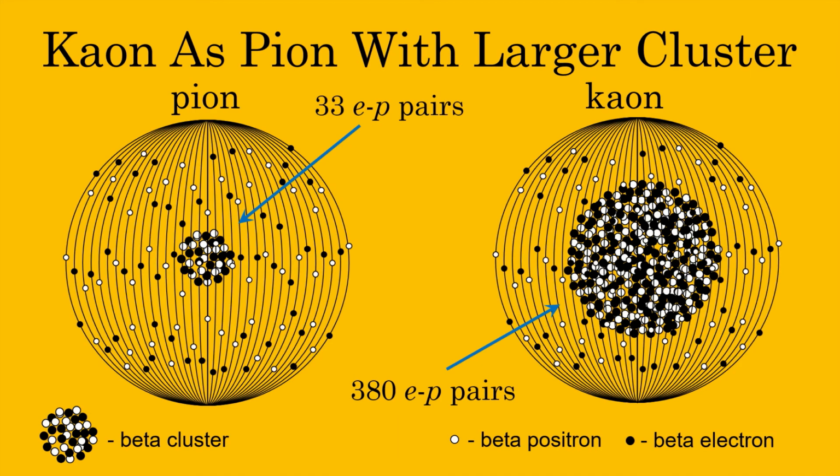Therefore, the K mu kaon probably looks something like this: a muon shell with a cluster of 380 beta electron-positron pairs in it, essentially a pion with a larger central cluster, a heavy pion.